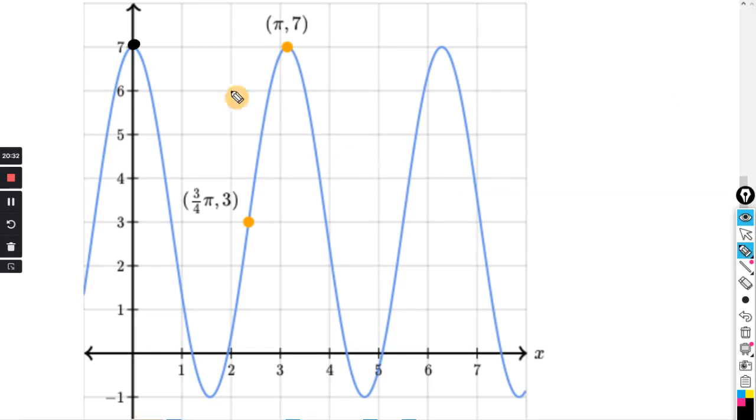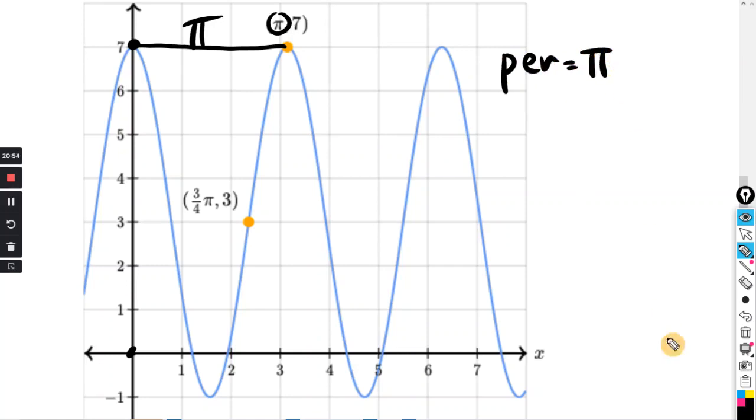All right, now let's do the period, and I'm going to do it correctly this time. So the period, we can do this part here and multiply by 4, but if we just go from here to here, that's the period. Okay, that's a full period, max to max. It starts at 0, and this point right here, the x-coordinate is pi. So the period is just pi. And the formula for the period equals 2 pi over b.